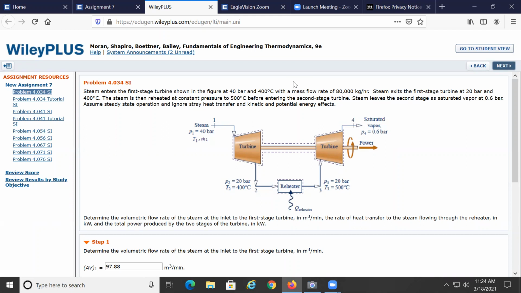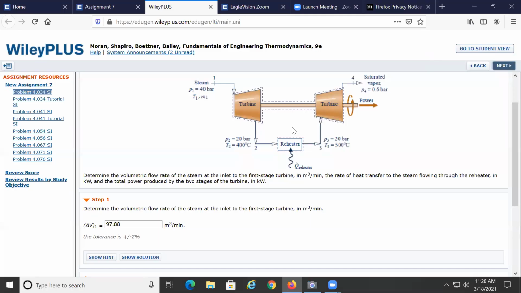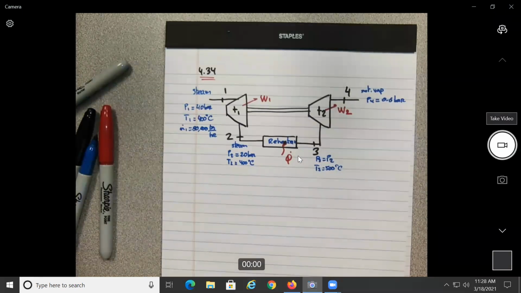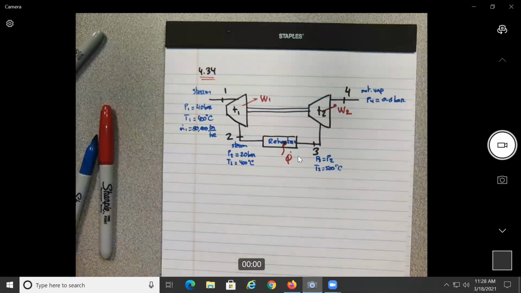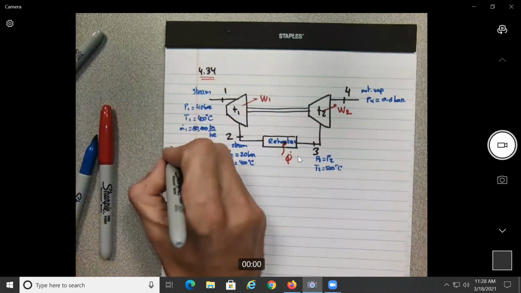Okay, so I'm going to stop the recording as I do the figure, and then I will pause it again. So basically, after doing the figure over here, we need to find the volumetric flow rate at 1. So over here, we need to find AV1.